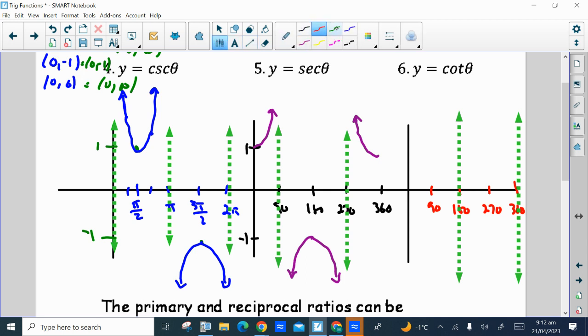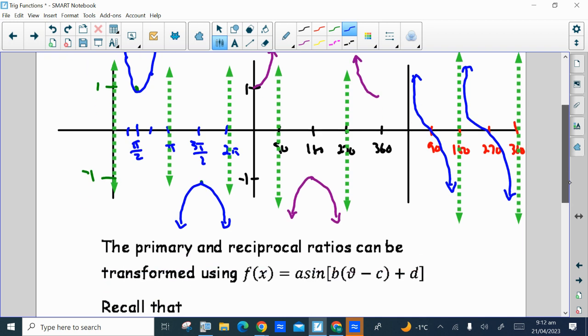And it's going to be like the reverse of the tangent graph, because it's the reciprocal. So that's what that one will look like.